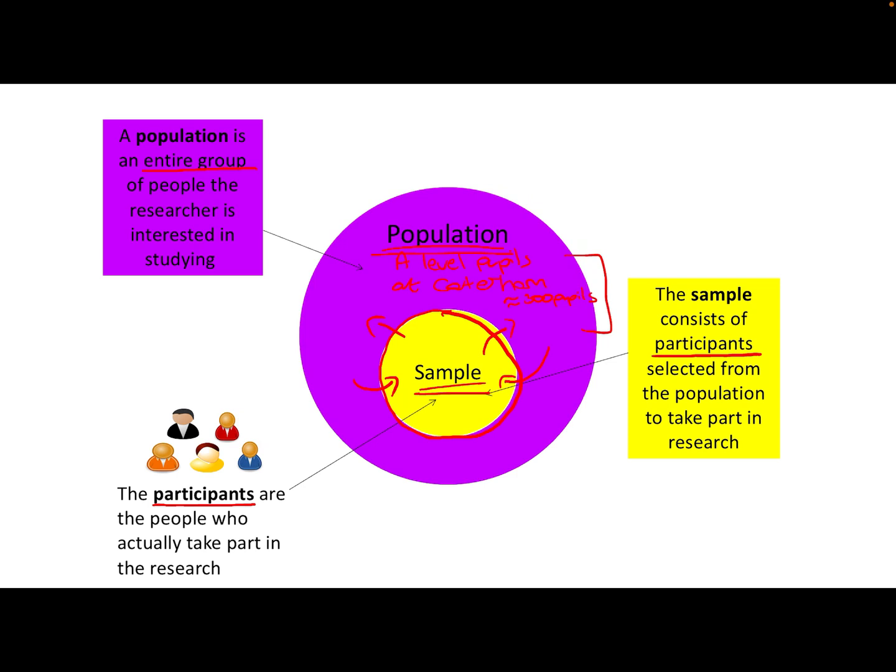We don't want our sample and our participants to just contain the boys studying A-level at Caterham. What we want is to make sure that our sample is representative. We want to make sure that we've got a good representation of both boys and girls. We want to make sure that all of the subjects are represented as well. And ideally, we want to make sure that the subjects are represented in the same proportions that they occur in the population. That will allow us to make generalizations. If a finding is true for our sample and our sample represents our population, then we can generalize.